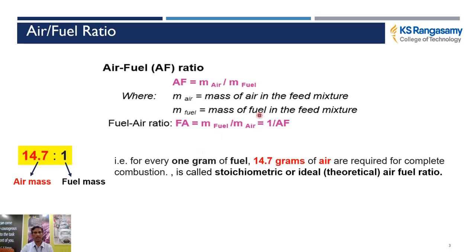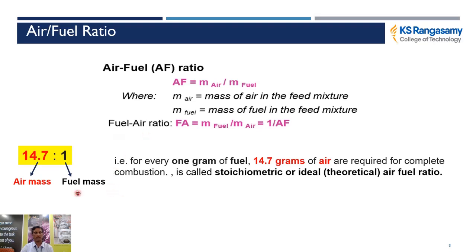There is a mathematical formula: the mass of air divided by the mass of fuel is called the air-fuel ratio. If it is the mass of fuel divided by the mass of air, it is the fuel-air ratio. Shortly we say AF ratio, FA ratio or AFR.